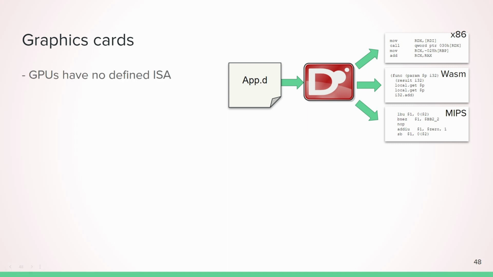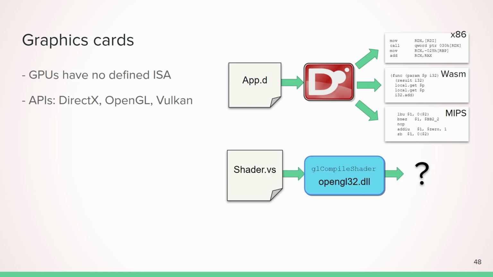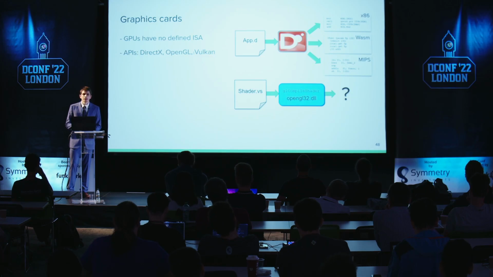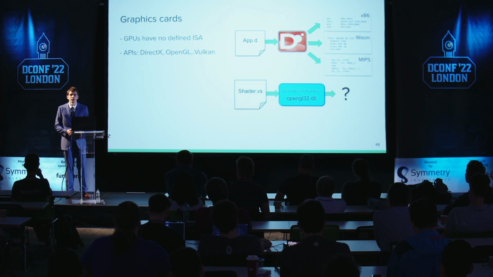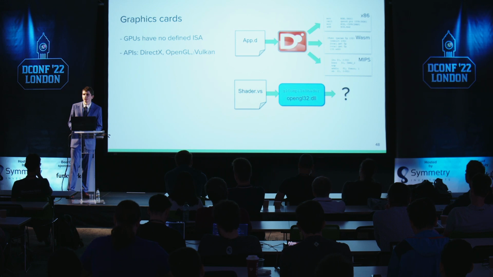But graphics cards don't have an easily defined instruction set like that. Usually what you have is an API, like DirectX, OpenGL, or Vulkan, that translates your shader code in some shader language to something the GPU understands. And it varies per GPU vendor, from NVIDIA to AMD, and also older and newer versions.